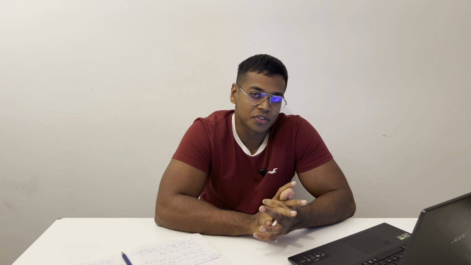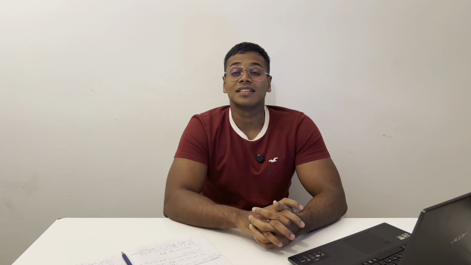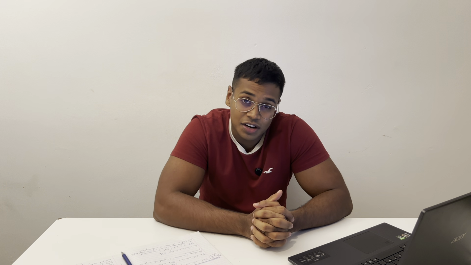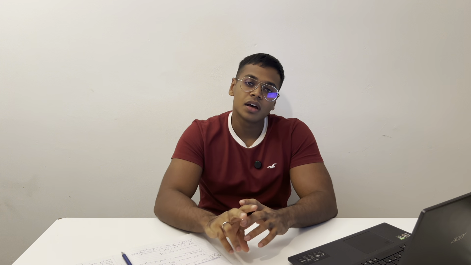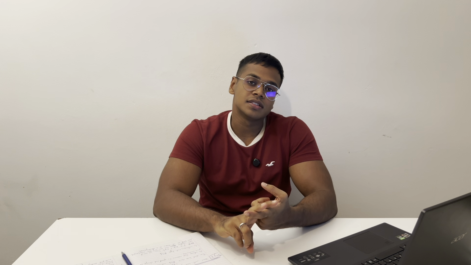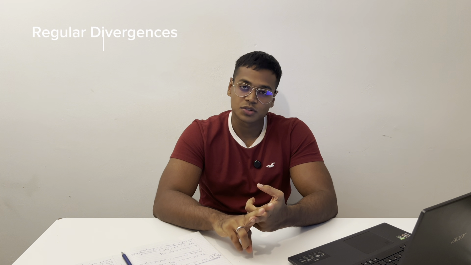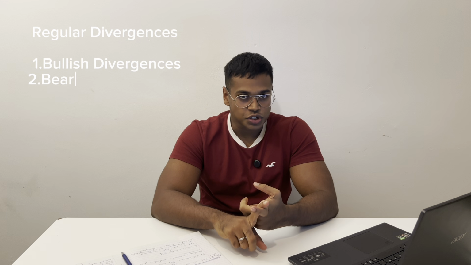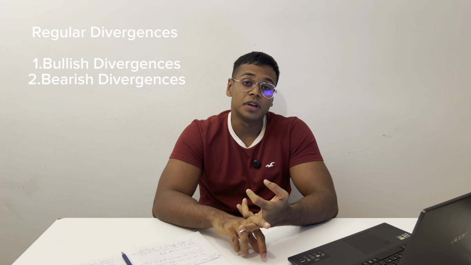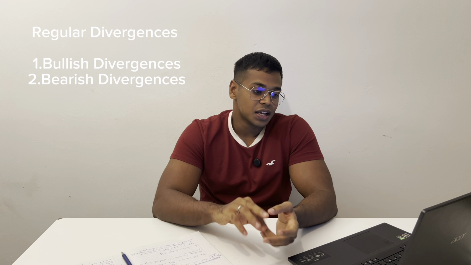Regular divergences are basically when the price is moving in one direction, but the RSI is showing that it's moving in the opposite direction. There are two subcategories in regular divergences as well. Number one being bullish divergences, and number two would be bearish divergences.